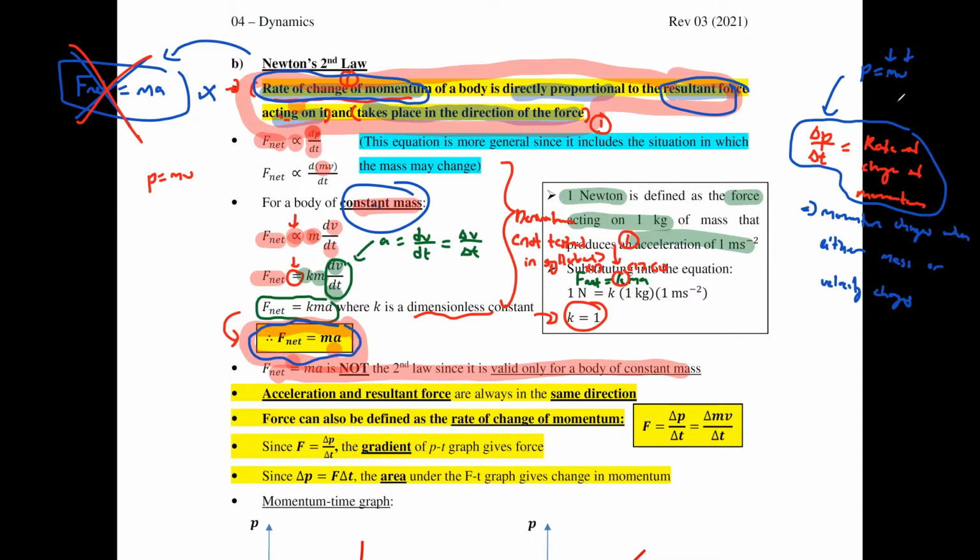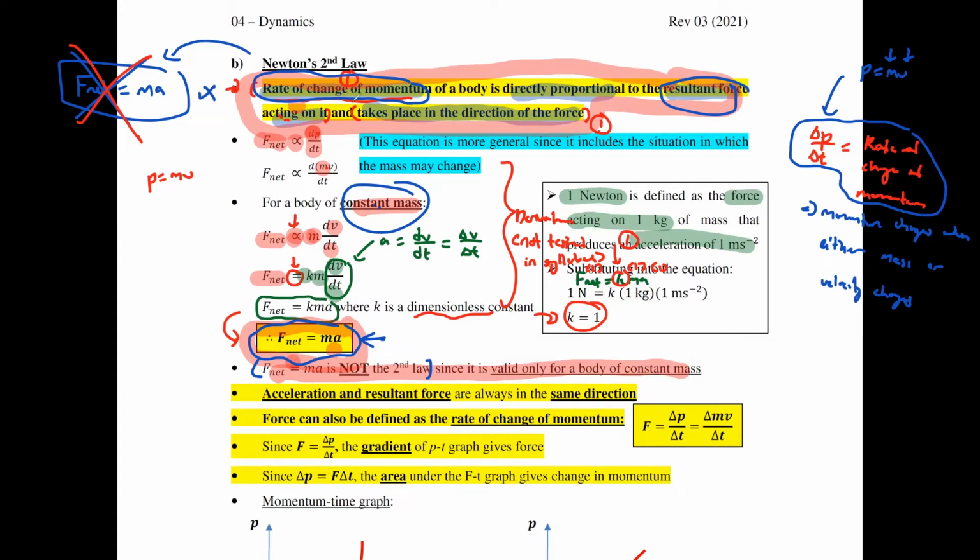There will also be some cases where velocity is constant but mass changes. In that case, you will also have a resultant force, but that one is not represented by F net equals ma. So this statement, which says that F net equals ma is not the second law since it's valid only for a body of constant mass, is actually, as I mentioned, just part of the story.